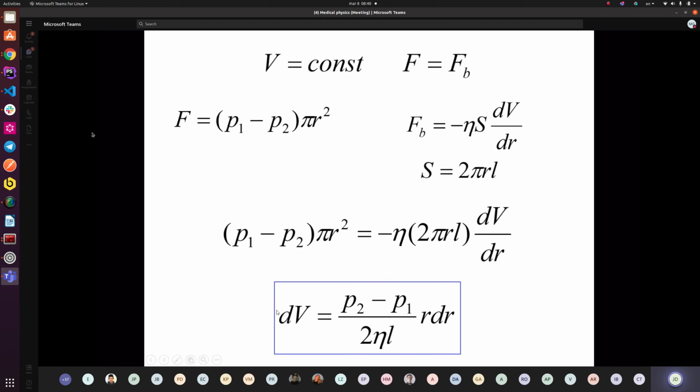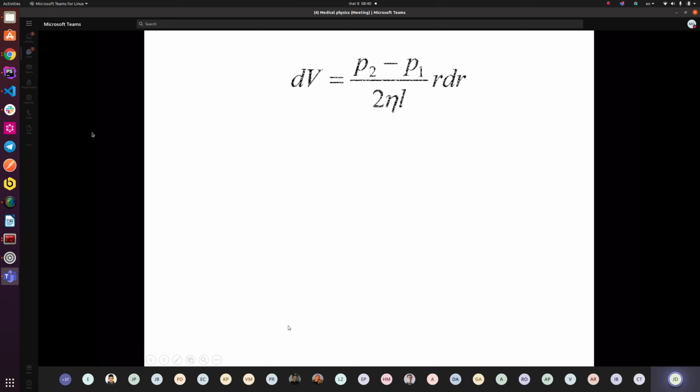But we have at least dV, so now we can use this dV for integration. The integral of dV, this is a constant, we have r dr from r to R. This is the radius of the pipe, and this is the radius of the cylinder.